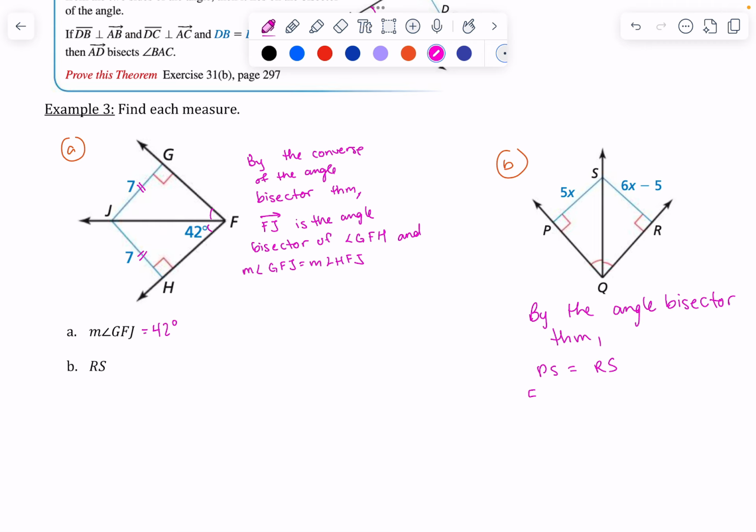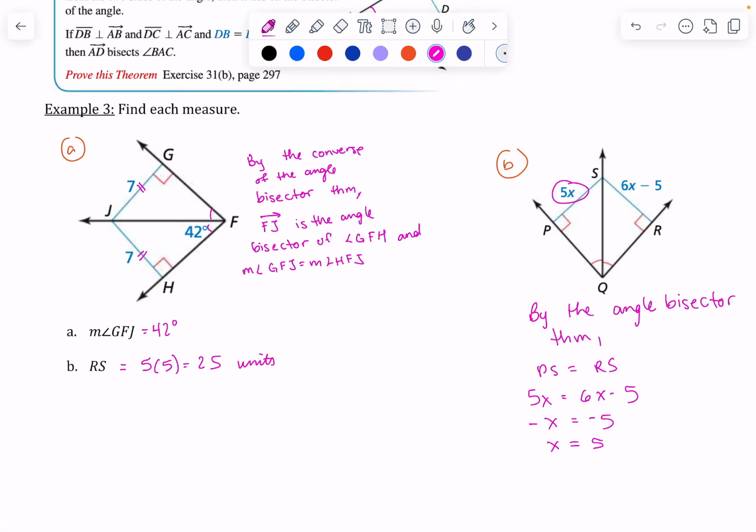So again, I can just plug in those two expressions and solve for x. And I get x equals 5, which if I want to find RS, I could plug it into either of those two expressions. So I'll just do the easier one, which is this one. So RS is equal to 5 times 5, which is just 25 units.